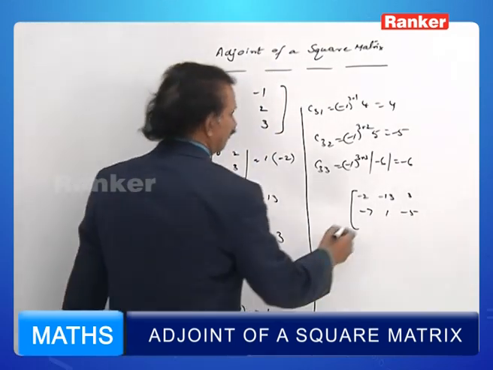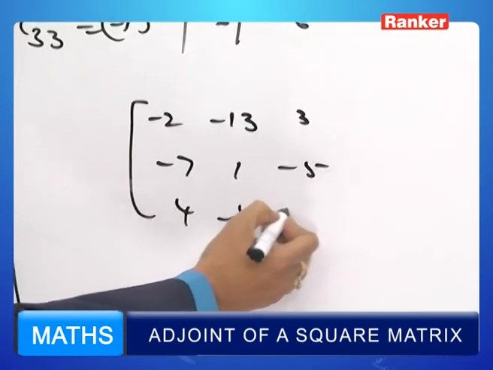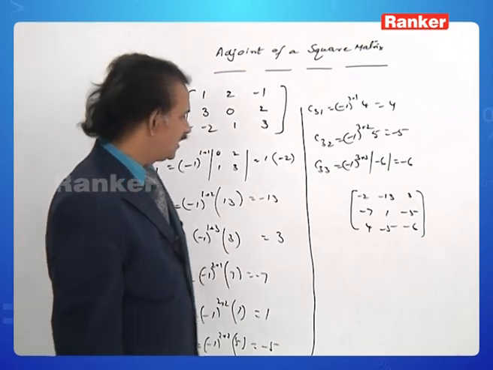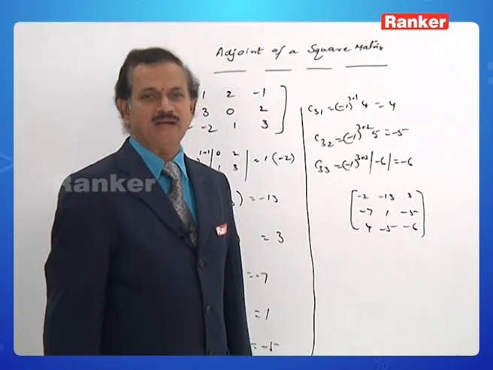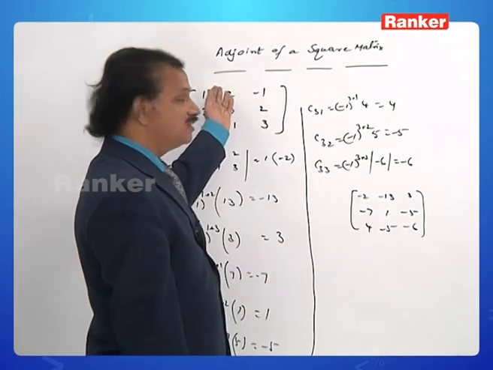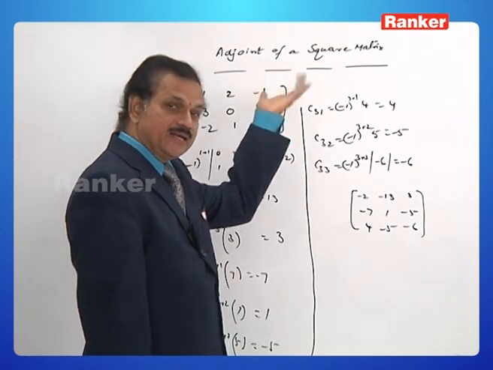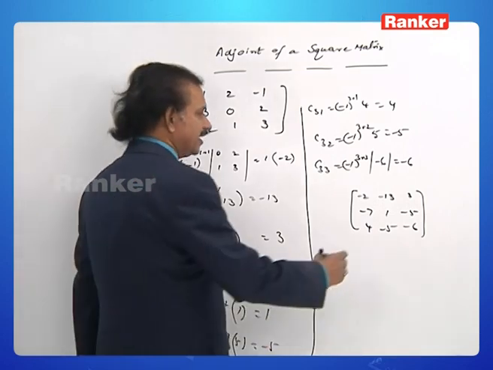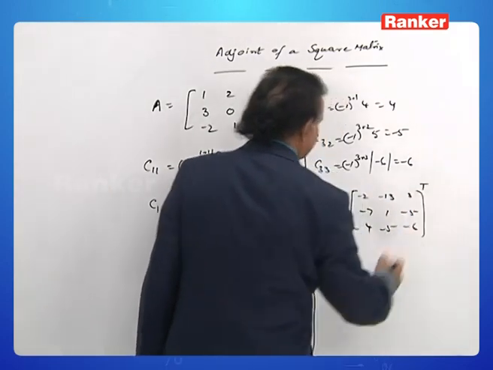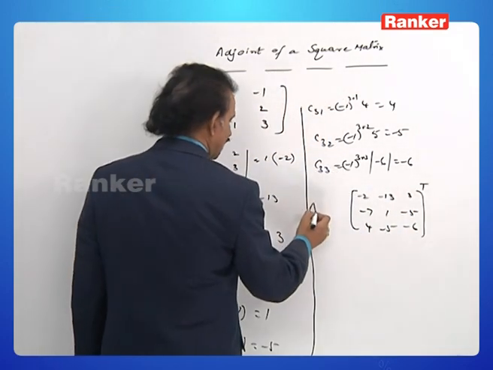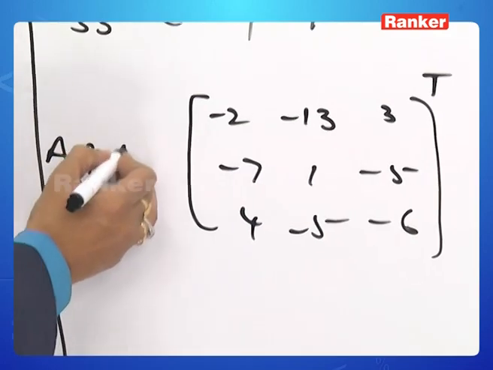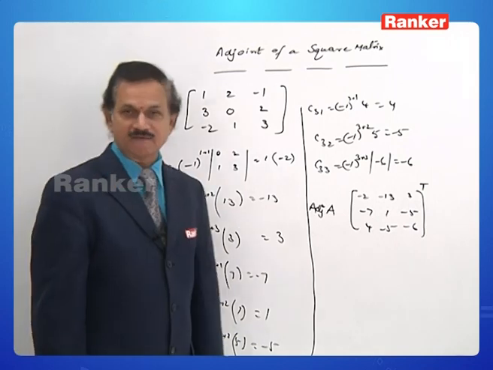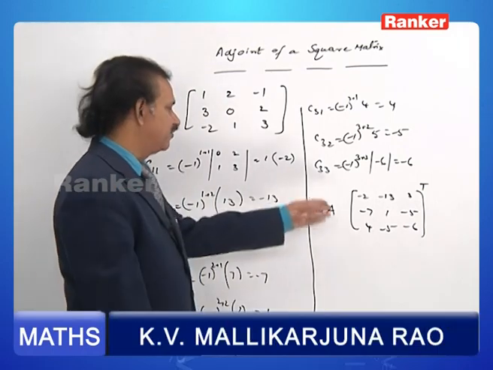Third row, 4, -5, -6. Well, what can you say about that matrix? That is the matrix obtained by replacing the original elements of A by their corresponding cofactors. Now, if you find the transpose of this matrix, this is called adjoint of A, denoted by ADJ, but of course, it must be read as adjoint A.